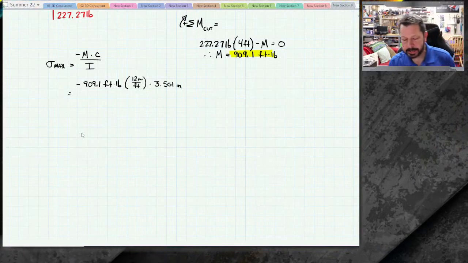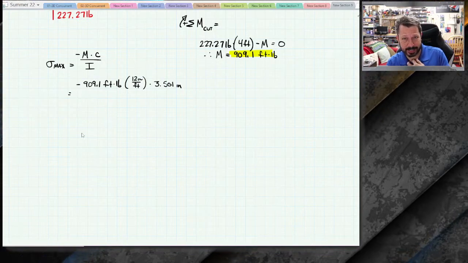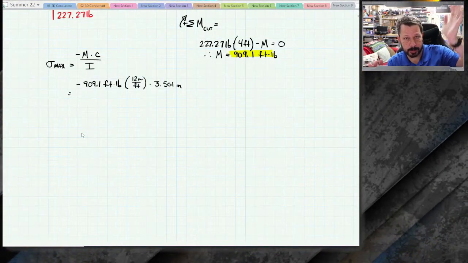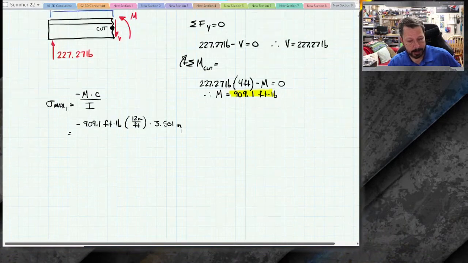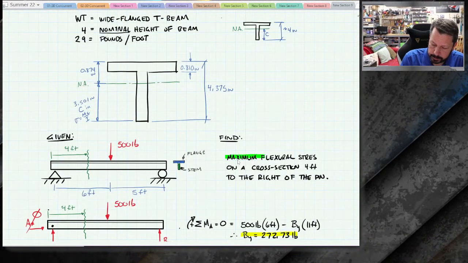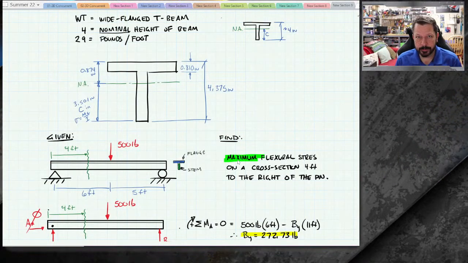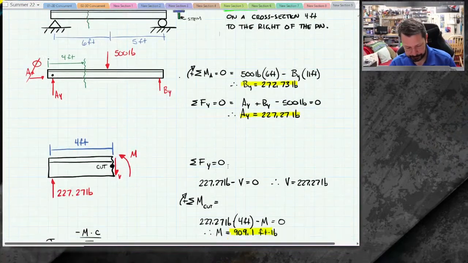And remember, this C is the largest distance from the neutral axis to one edge, top or bottom, of the beam. I want that because my problem statement said to find the maximum flexural stress, so I need the maximum number for C that I can put in the equation.